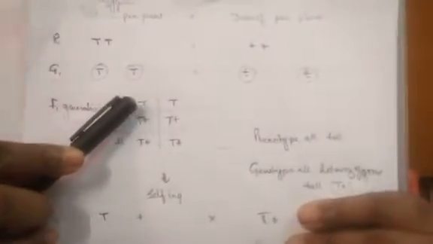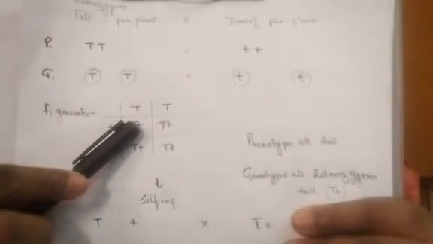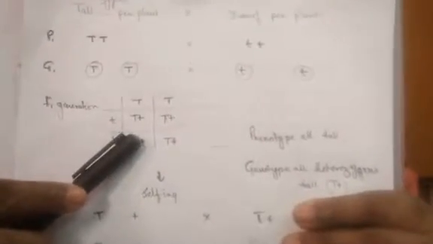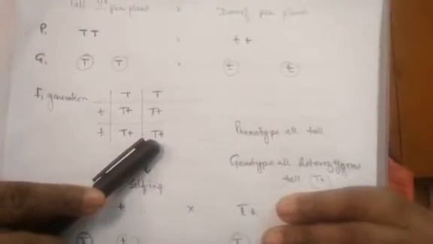Now when the male gamete fuses with the female gamete, we get capital T small t. In each of the four combinations, we get capital T small t.